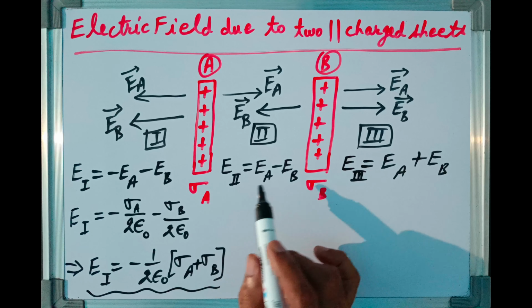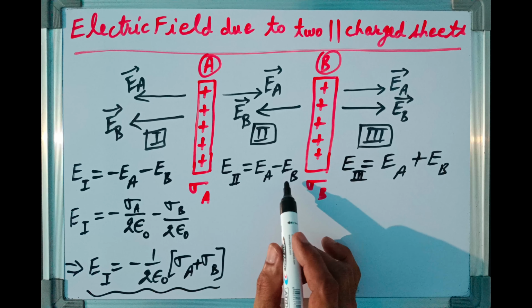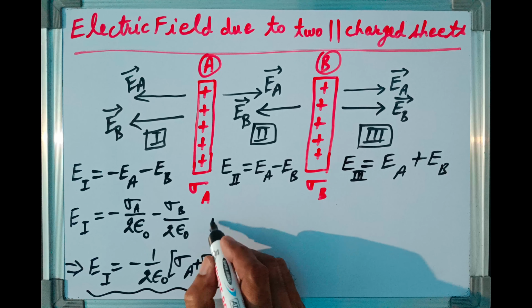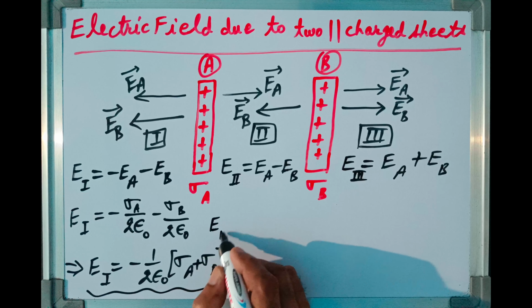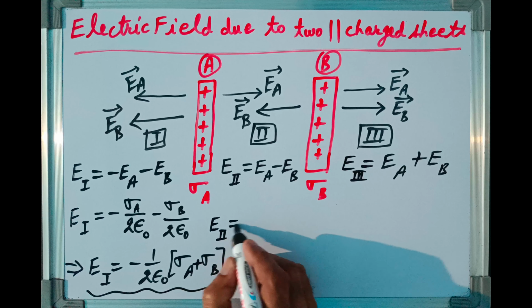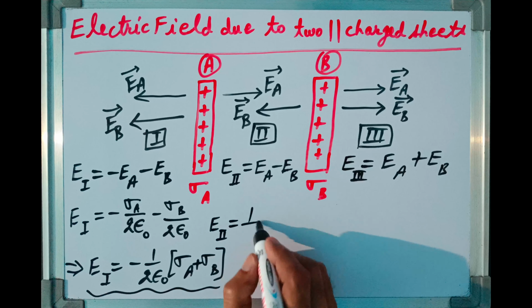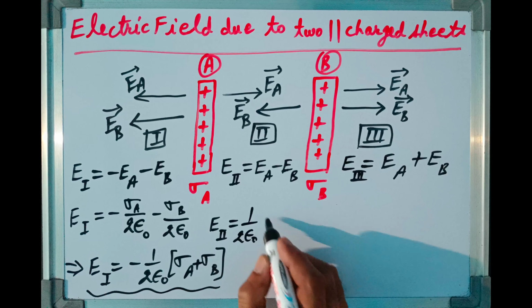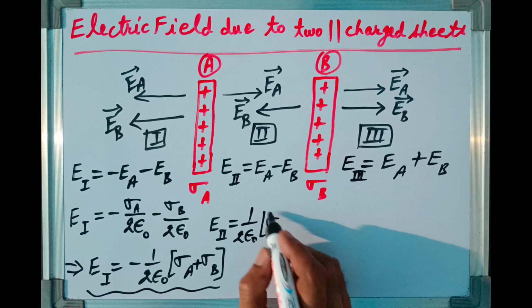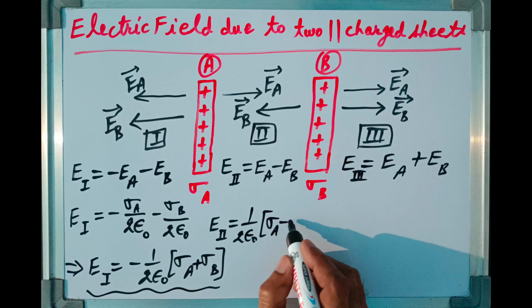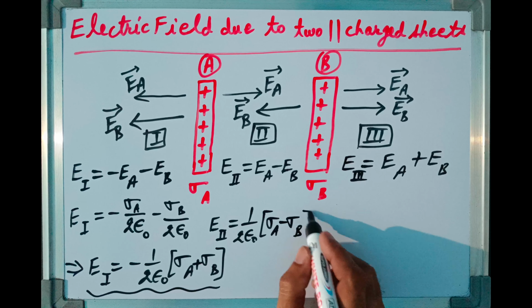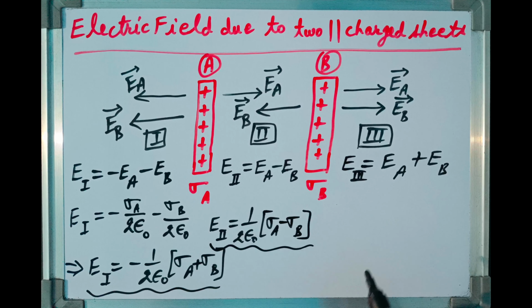Similarly, by putting values of EA and EB, we can prove that electric field in the second portion is equal to 1 upon 2 epsilon naught multiplied with sigma A minus sigma B. This is the second portion.